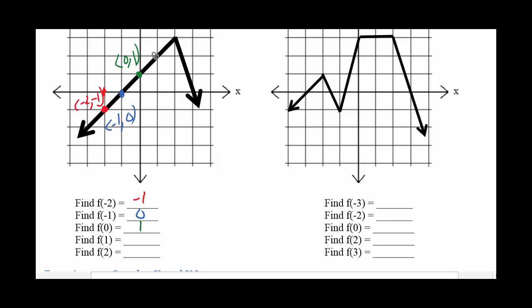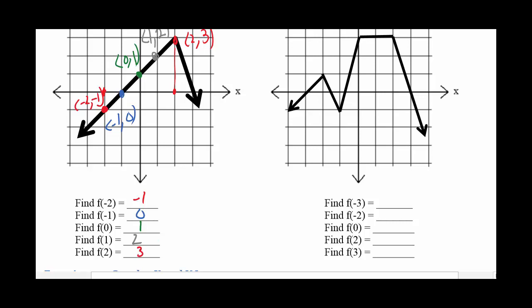Then I want 1, so 1 comma 2 is what it looks like to me. And last but not least for this picture is f of 2. So I come over here to the x-axis at 2, go up, and it's 2 comma 3. So the y value opposite that x value is 3.